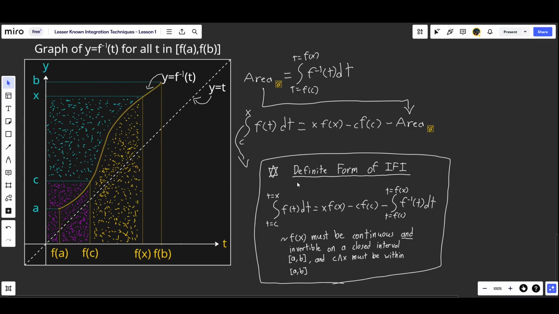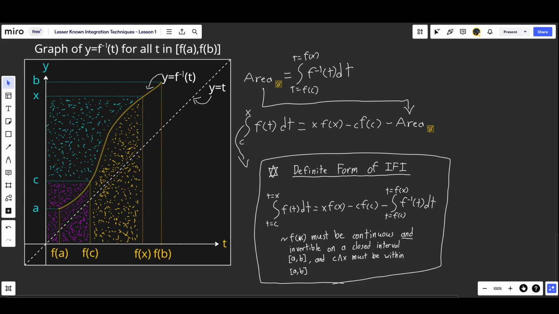This result is what I like to call the definite form of inverse function integration, and what it tells us is that the definite integral of f of t from t equals c to t equals x equals x times f of x minus c times f of c minus the definite integral of the inverse of f of t from t equals f of c to t equals f of x.